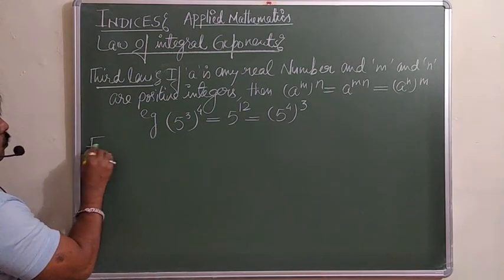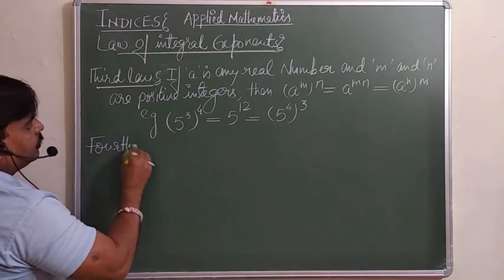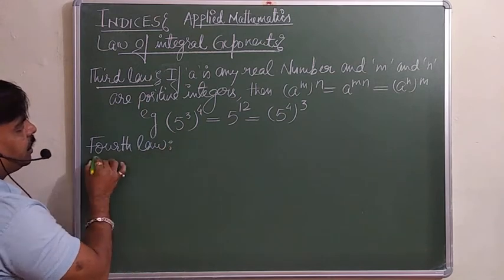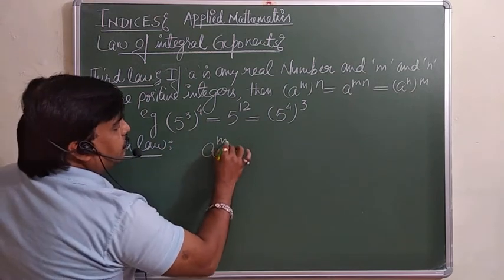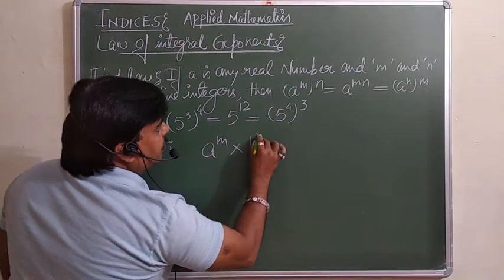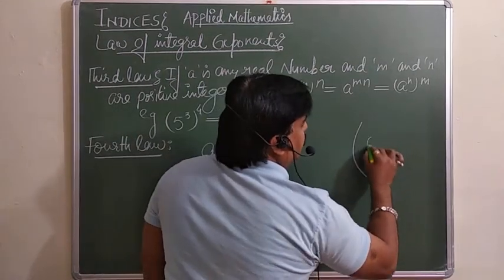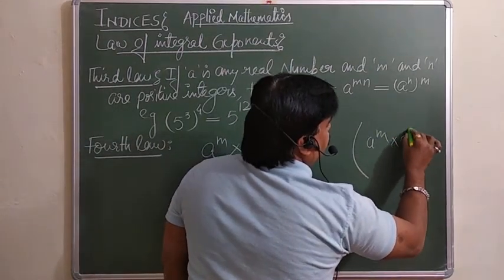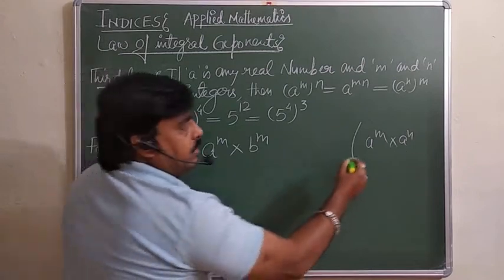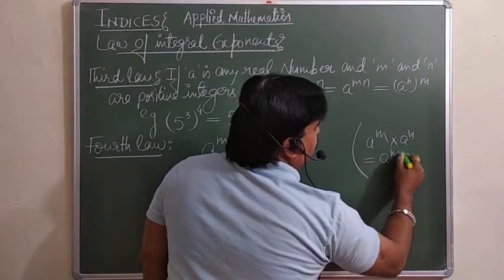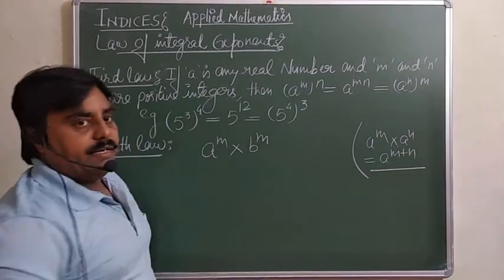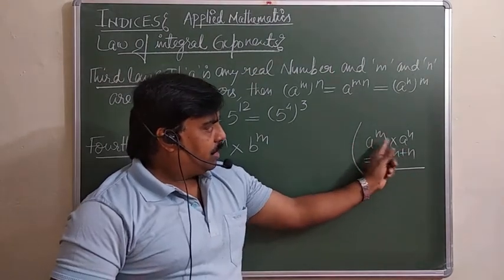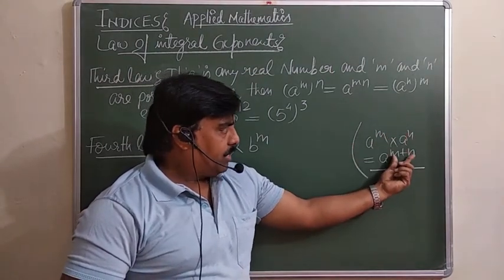Now there is a fourth law. In case of a raised to power m into b raised to power n, we have already discussed: if the bases are the same, then the exponents are added.